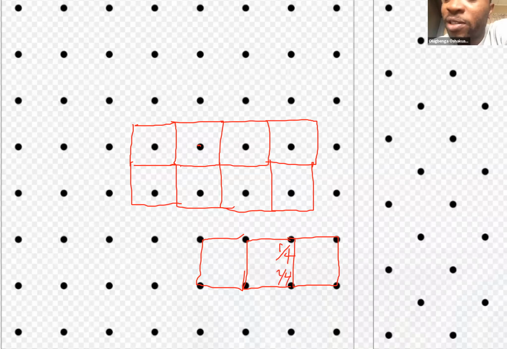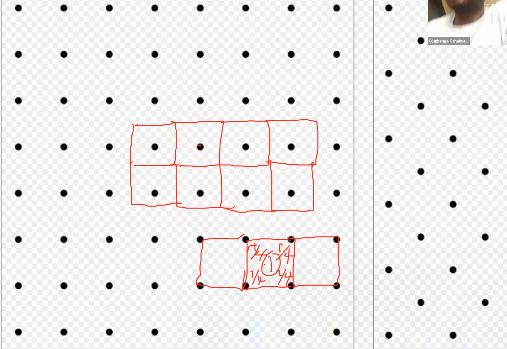This point is also contributing 1/4, and the last point is also contributing 1/4. When we add the four 1/4s together, we have 1. That 1 means that we have 1 lattice point within this region.